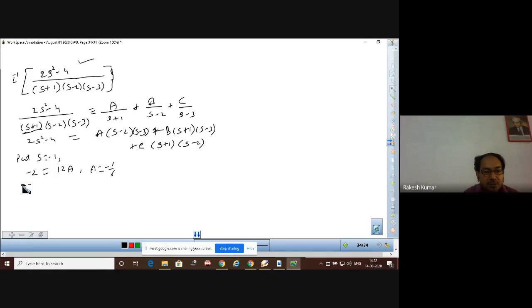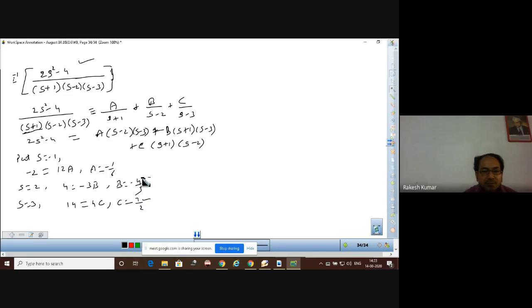Similarly, using s equal to 2, what do you get? You will get 4 into minus 3b, and b is minus 4 by 3. And by using s equal to 3, you will get 14 equals 4 into 1, that is 4 into c, and c comes out to be 7 by 2.